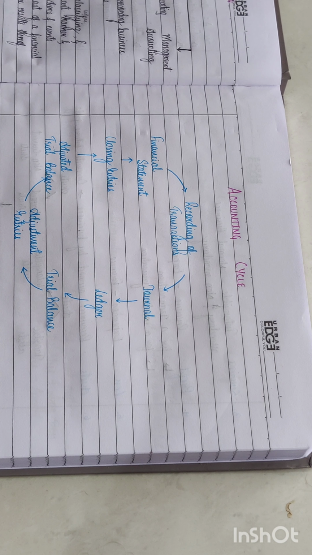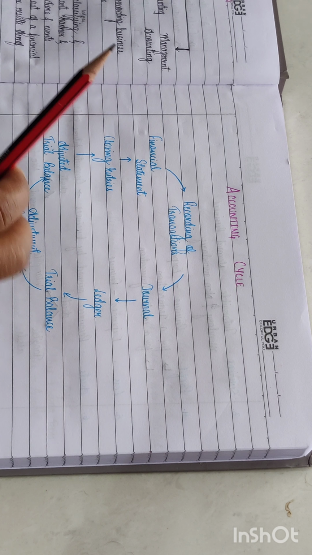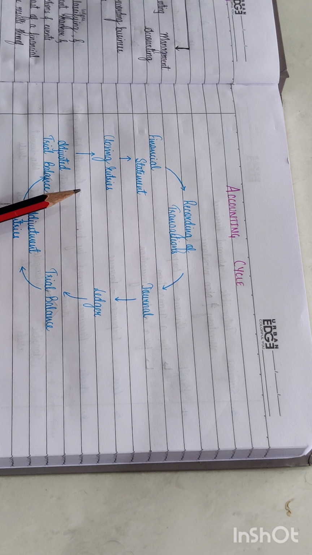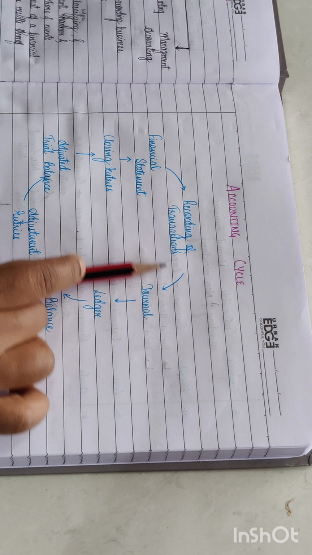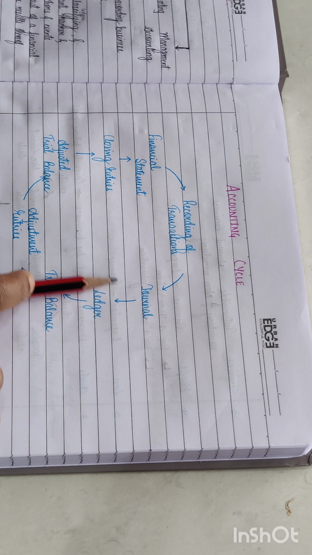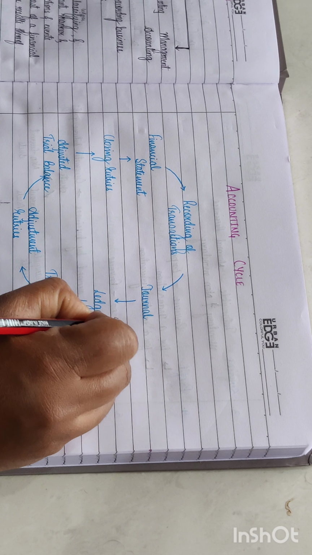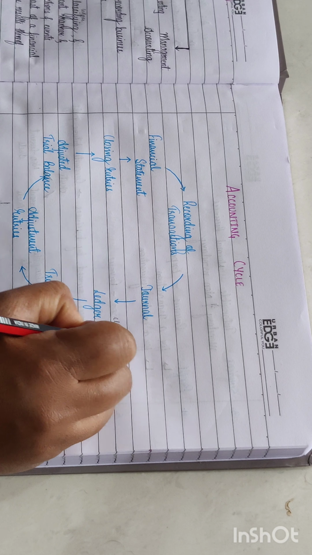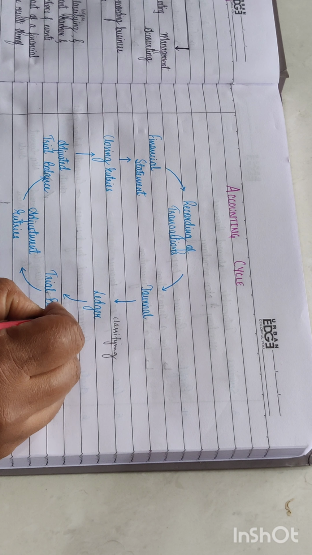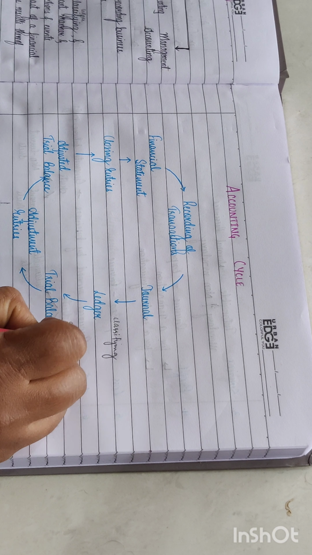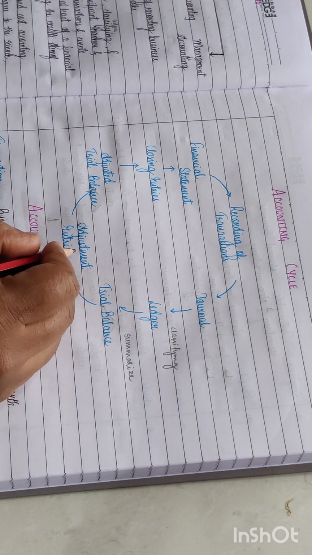So the next topic is the accounting cycle. In the accounting cycle we record the accounting information, the transactions we record. Next we do journal, then we classify it in ledger, this is classifying, then we summarize the ledgers in trial balance, then adjustment entries we do.